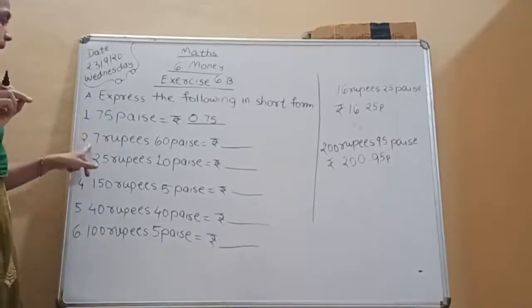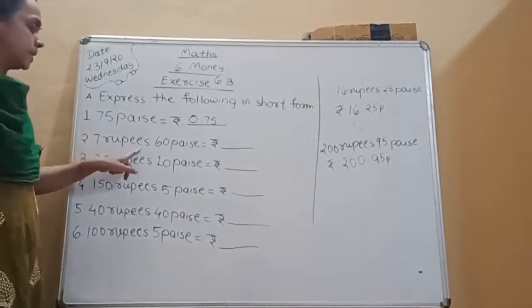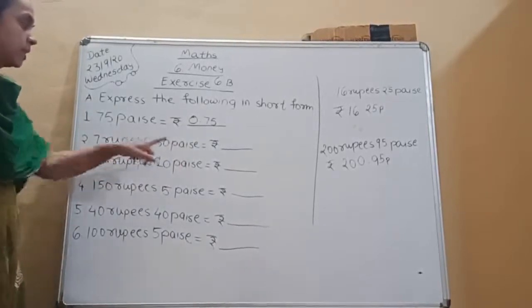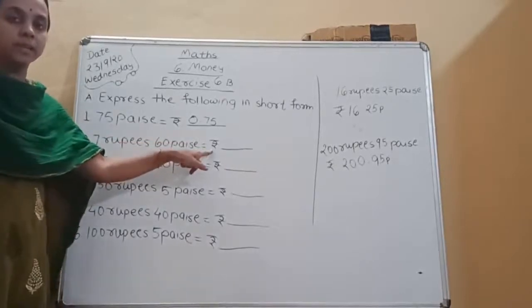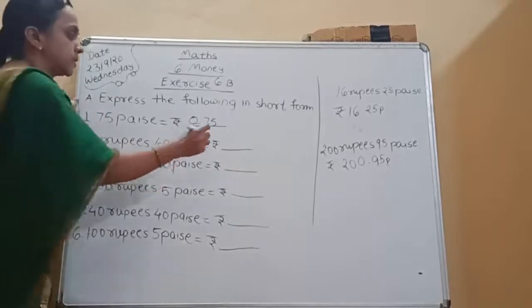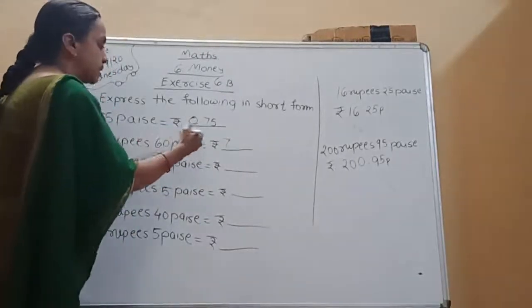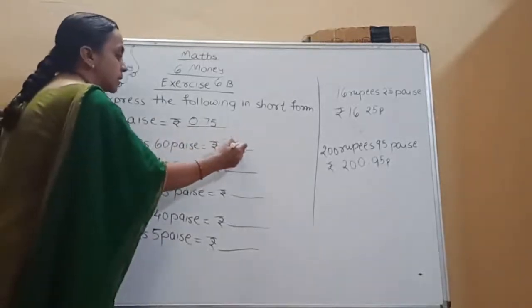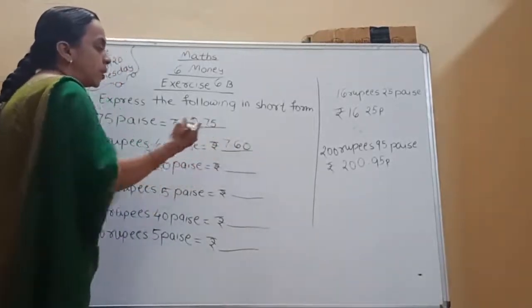Now see the second example, 7 rupees 60 paise. Here the rupees sign is given, so we just write 7. Then put a small dot and write 60: rupees 7.60.